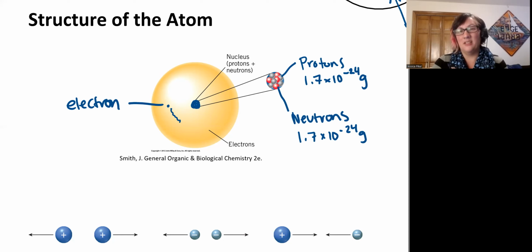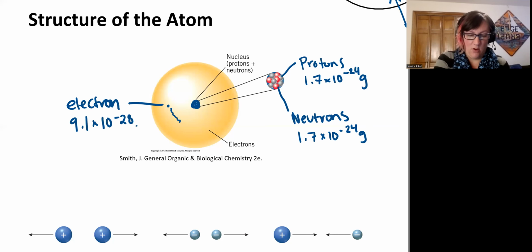Electrons are even smaller than our protons and our neutrons. Their mass is 9.1 times 10 to the negative 28 grams, and that's 10,000 times smaller than a proton or a neutron.